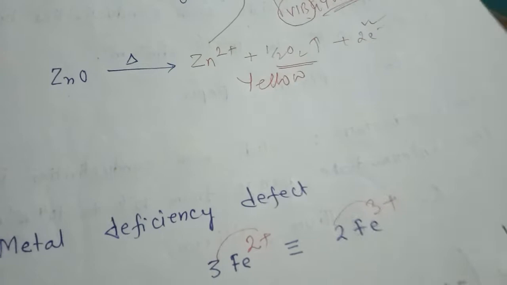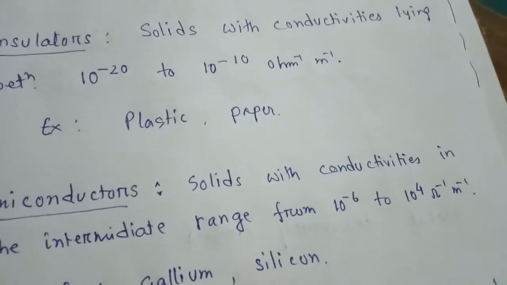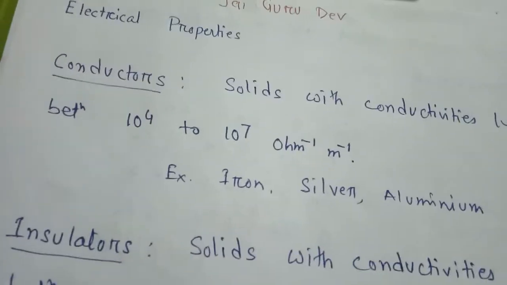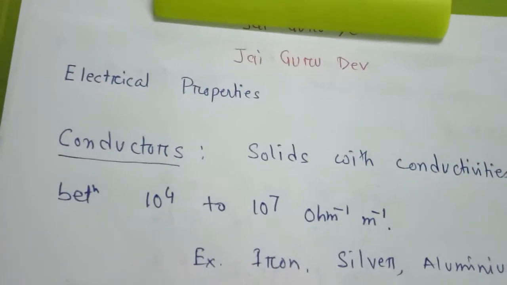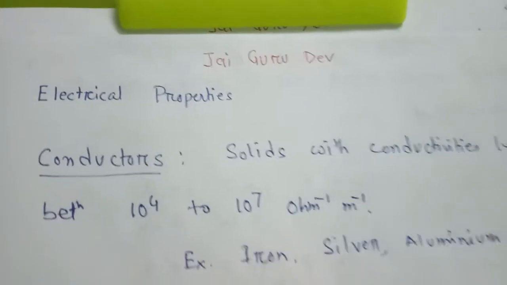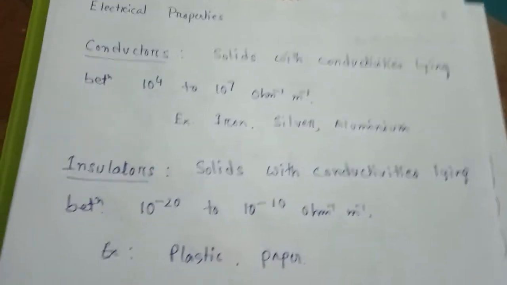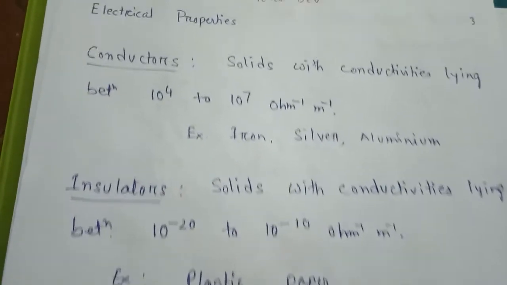Now, about defects, what we have learned, next we will take the next topic: electrical properties. In this, the definitions are there: conductor, insulator.